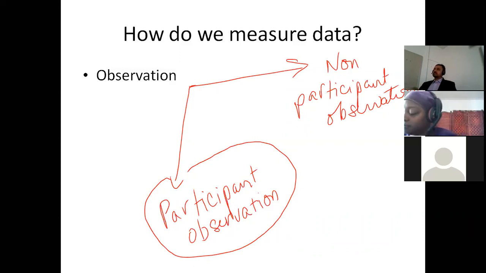Sometimes the professor forgets to record the lectures. The students are able to interact. We see some students and we don't see others in class. So there is some feeling of a classroom. These would be your own observations while being a student. You're participating, you're recognizing your own observations, and the observations that you have of the classroom. So you can collect a lot of data through participant observation.